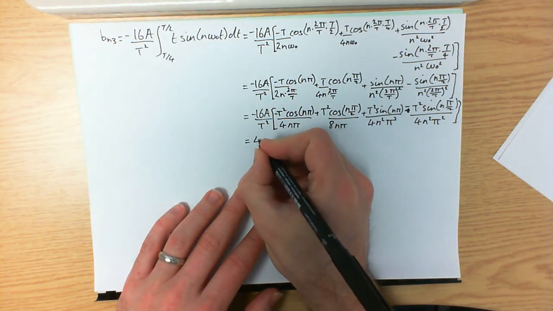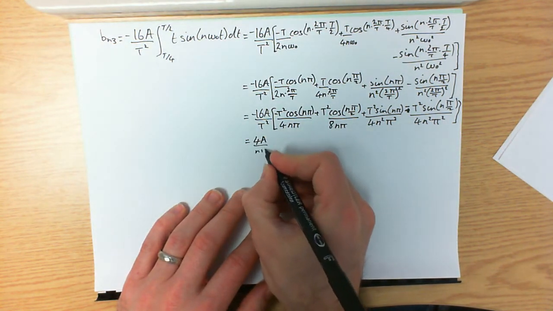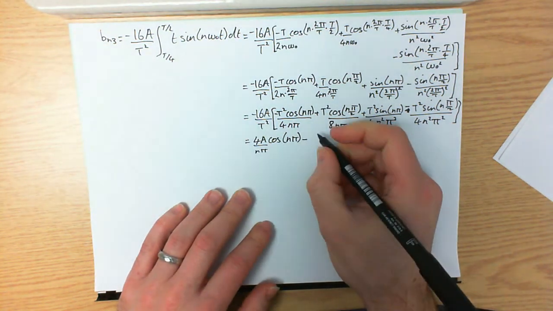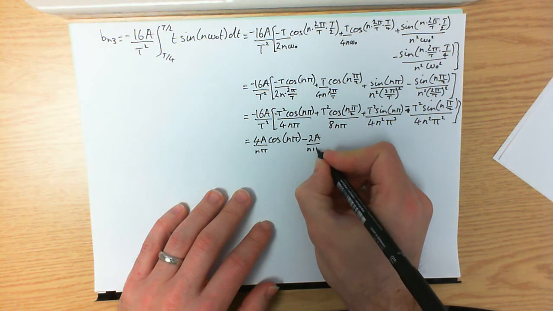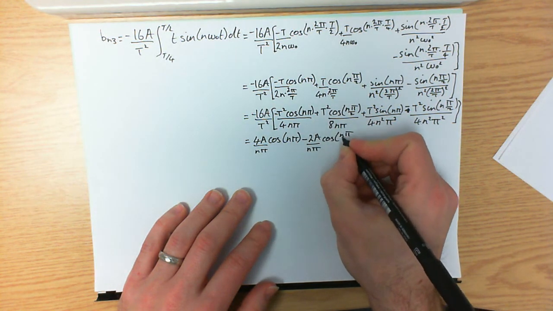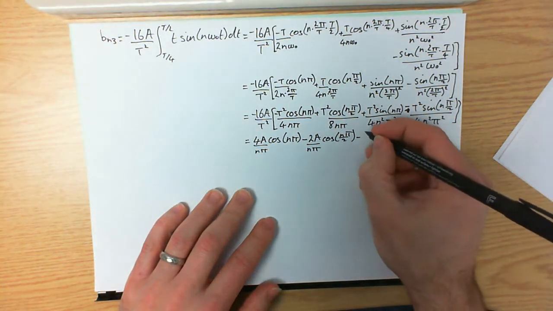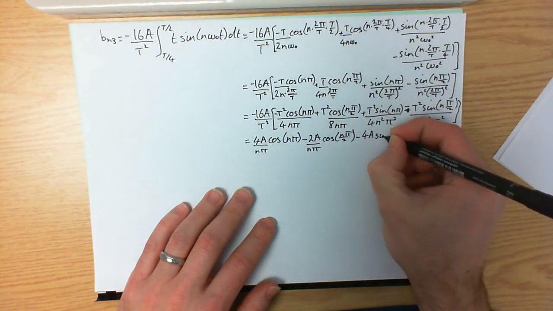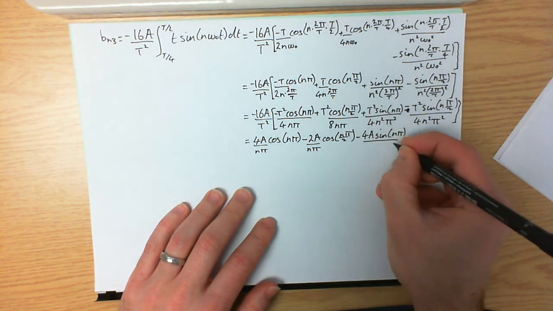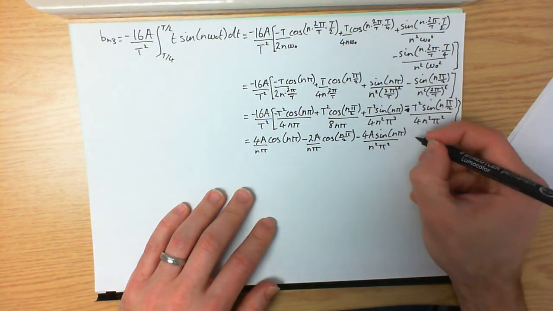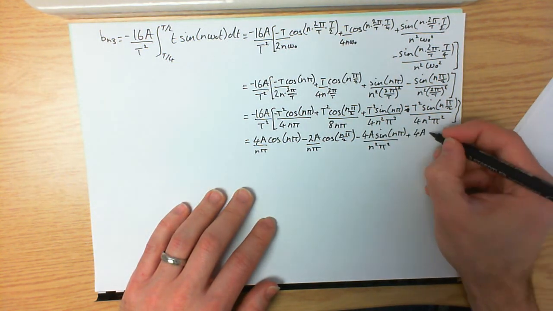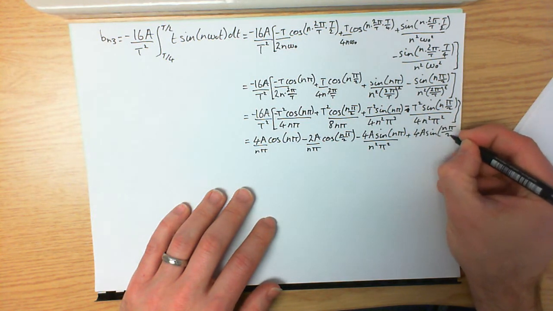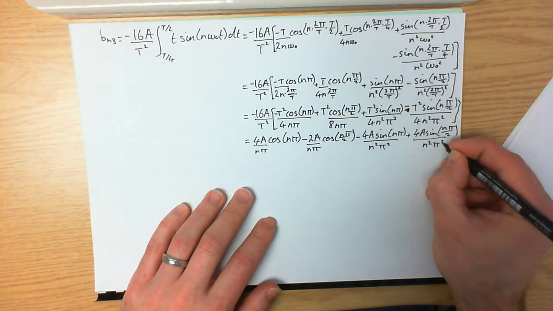What we end up getting is 4a over n pi cos of n pi, minus 2a over n pi cos n pi by 2, minus 4a sine of n pi over n squared pi squared, plus 4a sine n pi by 2 over n squared pi squared.